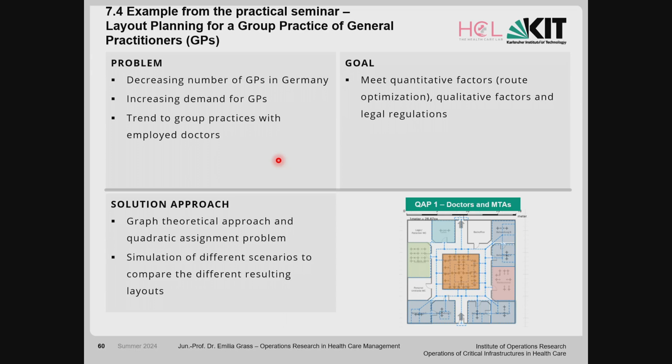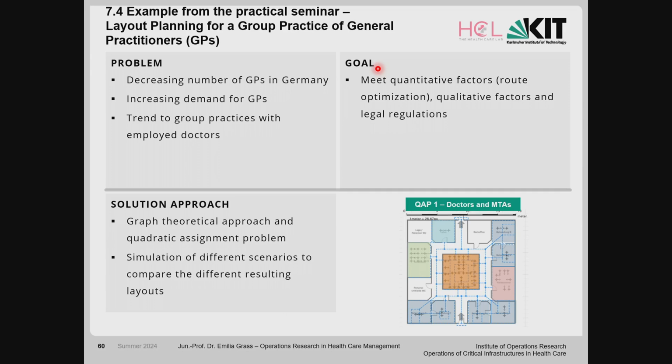So often you have these Gemeinschaftspraxen where you call and you can choose between different GPs. The objective is to meet some quantitative factors, such as route optimization for the patients, but also for staff, some qualitative factors, and also legal regulations they have to take into account within the building, and how to do the layout in the best optimal way.